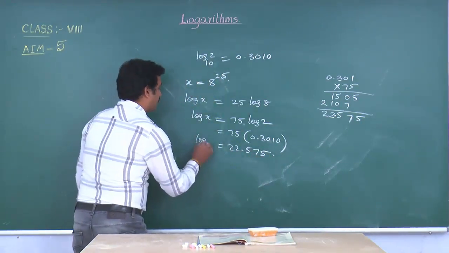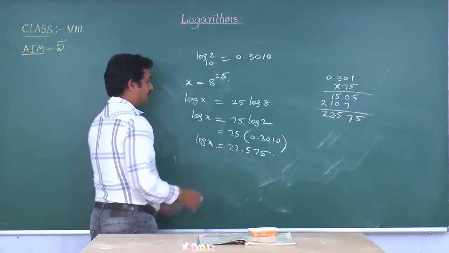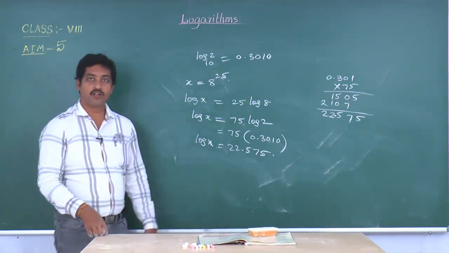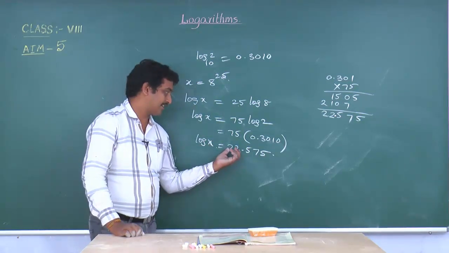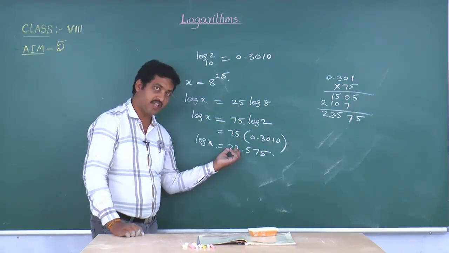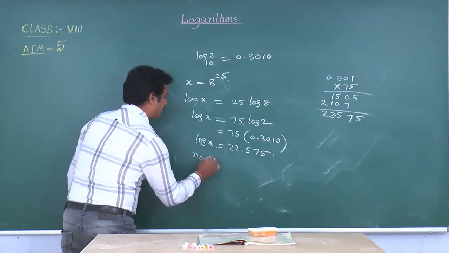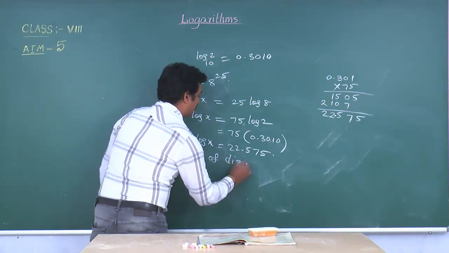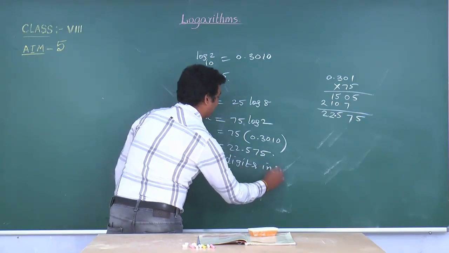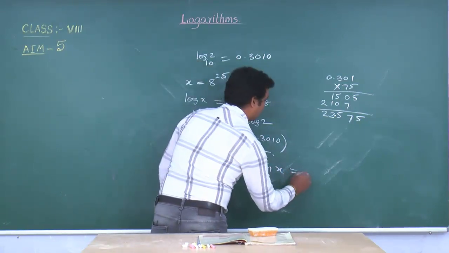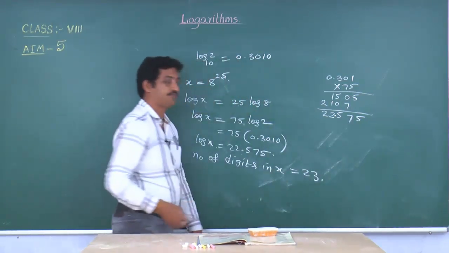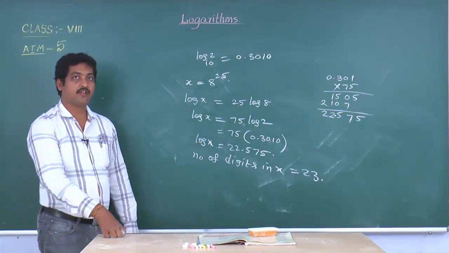Therefore this log x value is 22.575. Its characteristic is equal to 22. Therefore the number of digits in x is equal to 23.